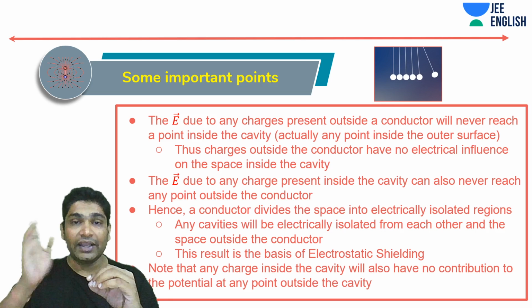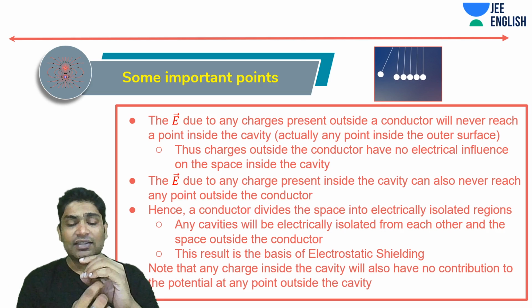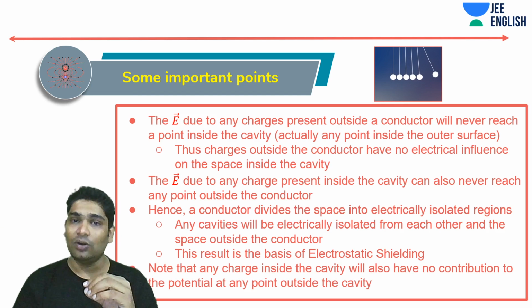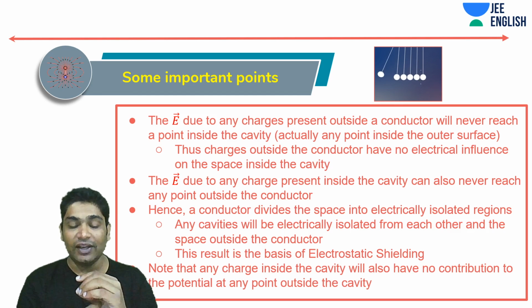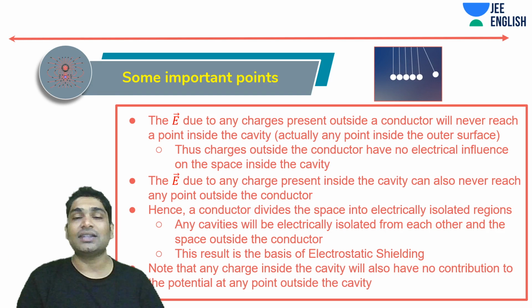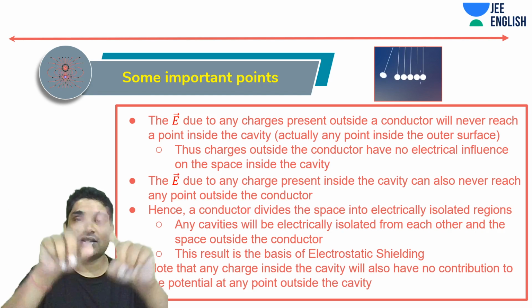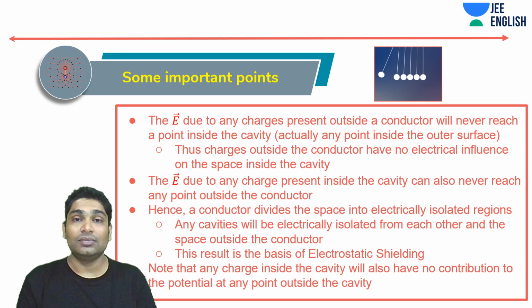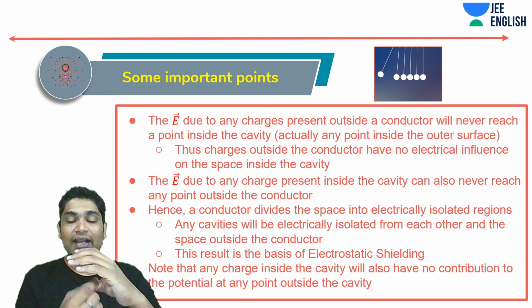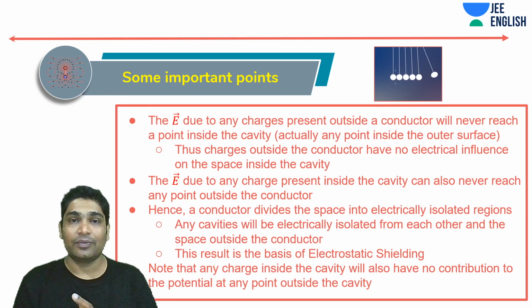However, if you think about it, is the field of this charge Q2 reaching any point outside the conductor? No. Since the field of this charge is not reaching any point outside the conductor, all the field being created outside the conductor is still due to the charge Q1, right? Q1 plus Q2 actually, fine, but this charge's field is not reaching there.